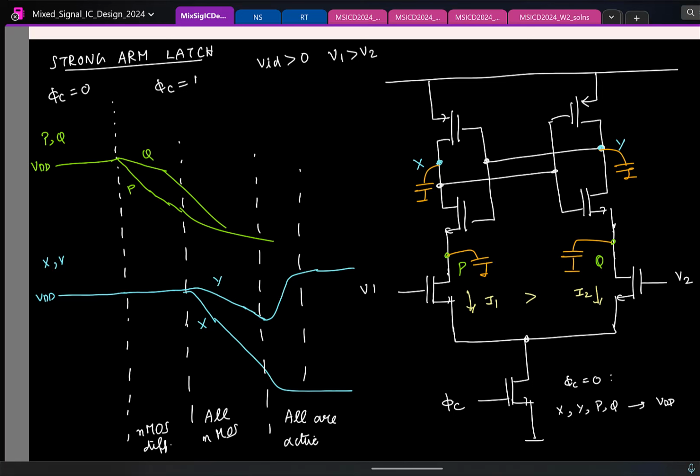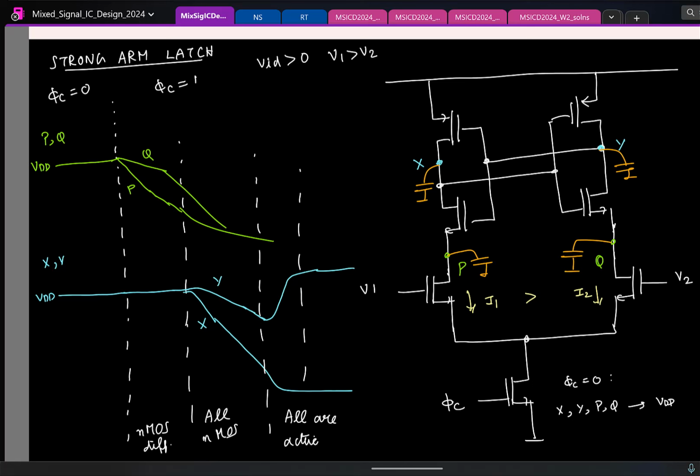Why do you want to make it like an amplifier? Yeah, they are amplifiers, right? In fact, that's how we started. We started with a common source. This is an amplifying device. These two are common source amplifiers, and to increase the gain and regeneration, we put a small signal negative resistance.